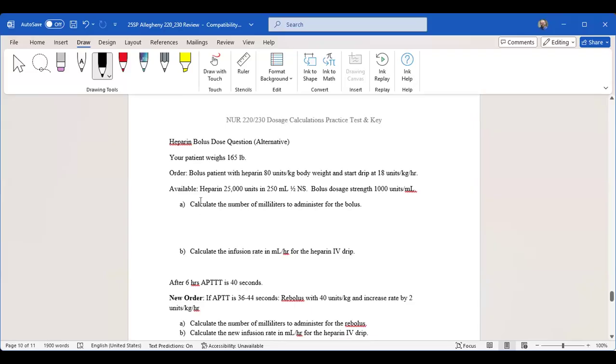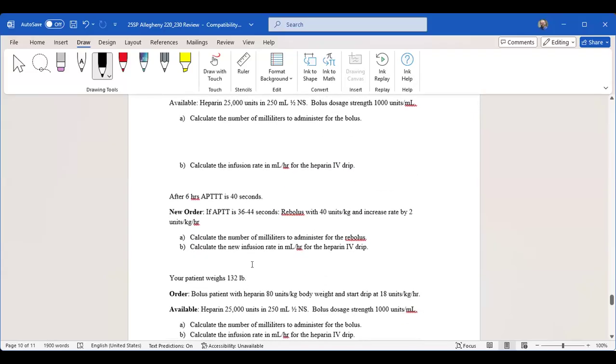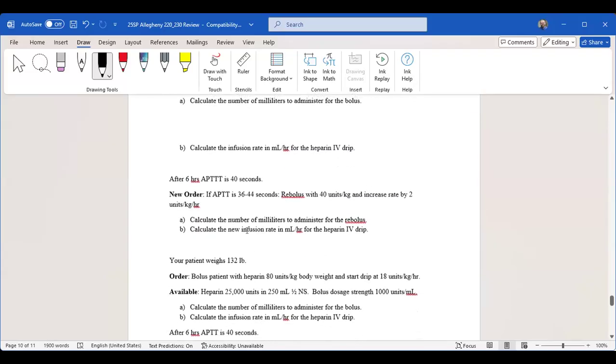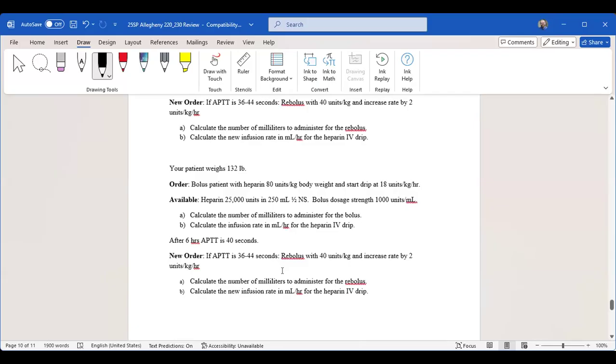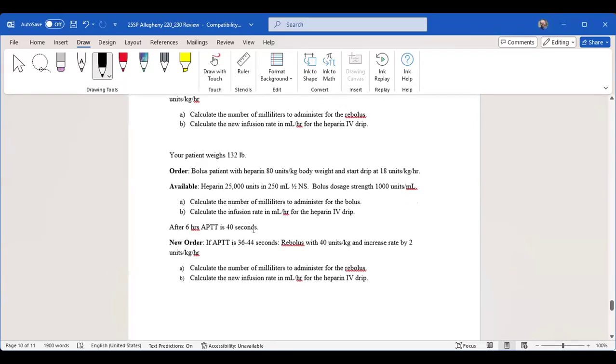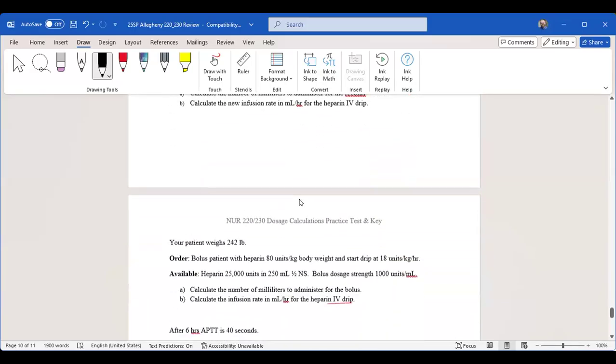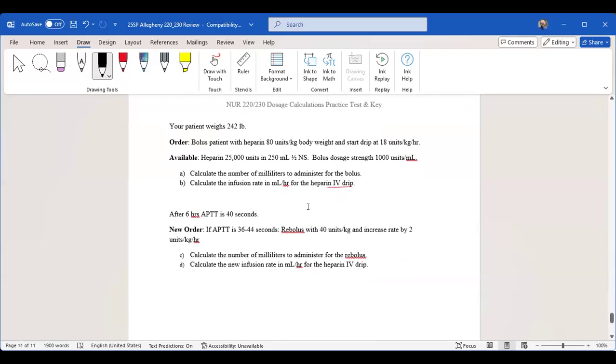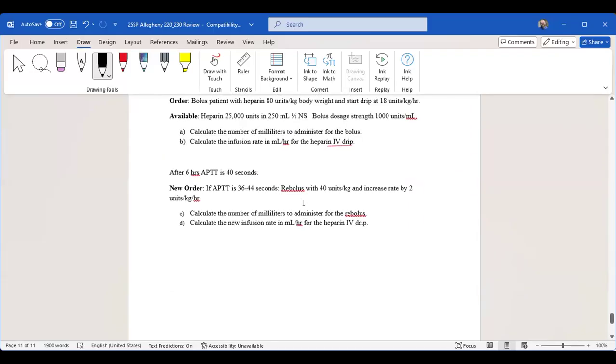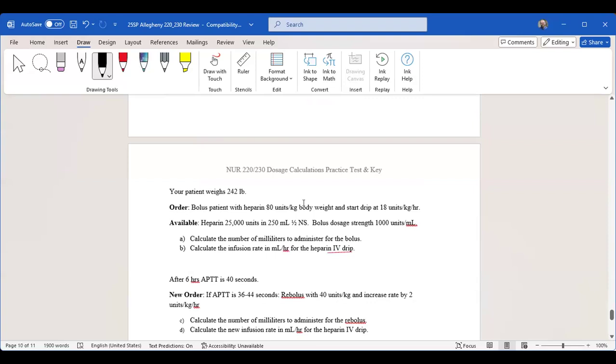I took out all the extra neuro checks and CBCs and just put in the nitty gritty. These are additional practice questions. I'll go through the first one with all the lengthy information, and then I'll let you do these additional practice ones. I've put a whole bunch in here for you, and they are all keyed and answered in the OneDrive folder.